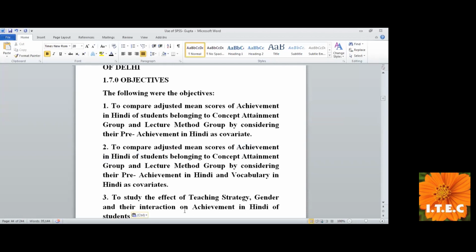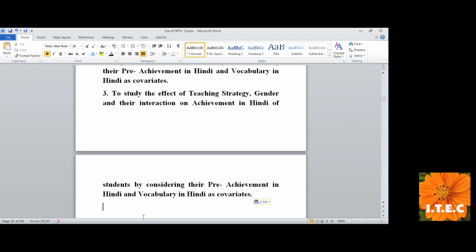To study the effect of teaching strategy, gender, and their interaction on achievement in Hindi of students by considering their pre-achievement in Hindi and vocabulary in Hindi as covariates.